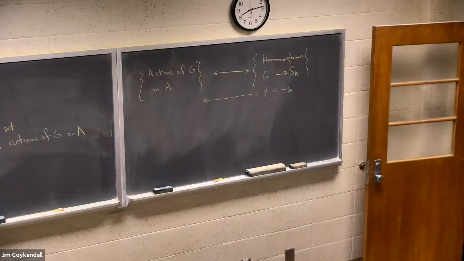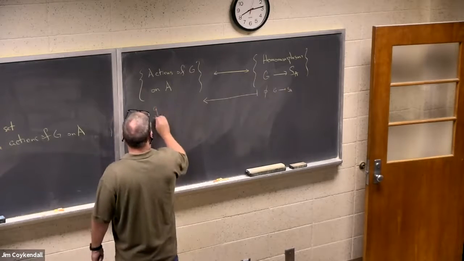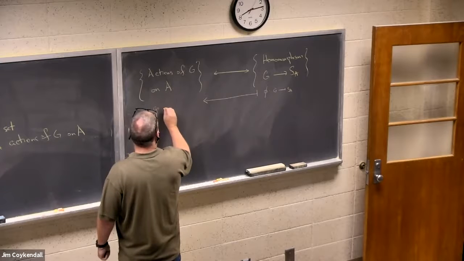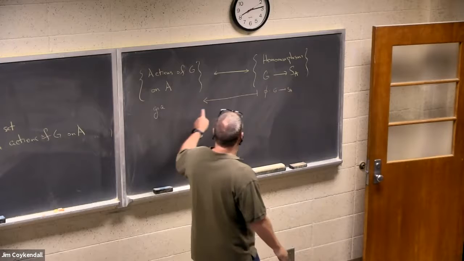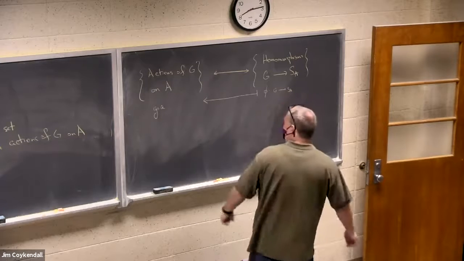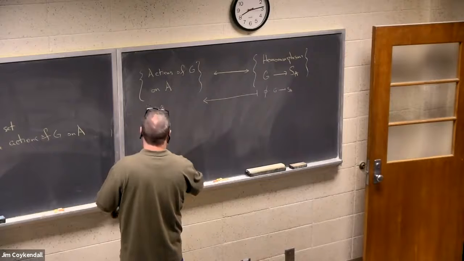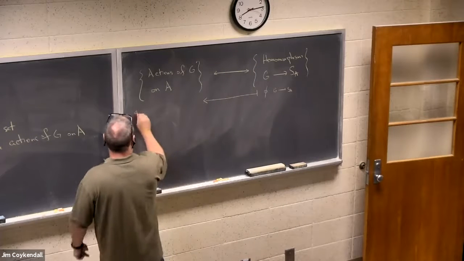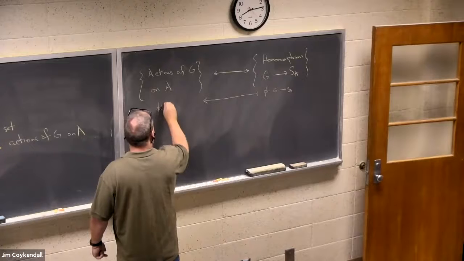And what you've got to do is do what comes naturally. So somehow I want to use this. How's this action going to work? Well, right here, G acting on A. How about this? phi of g.